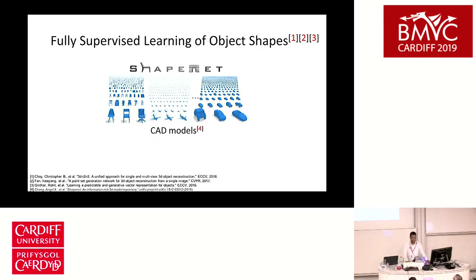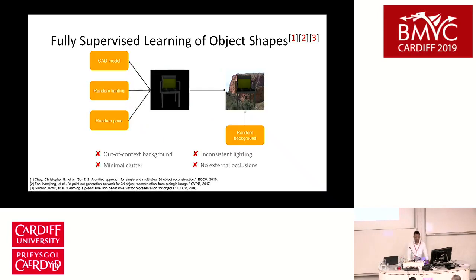So essentially, we have a large catalog of man-made object shapes with fine details in data sets like ShapeNet. And most of the approaches start from taking these CAD models and rendering them with some random lighting condition and a random pose against some real image, and create this 3D, 2D pair as an annotated data set for training the shape predictor.